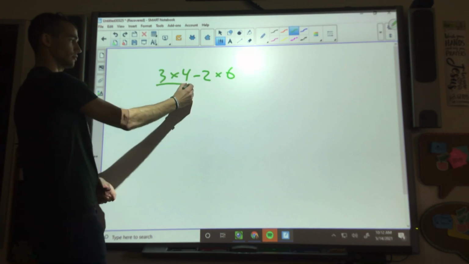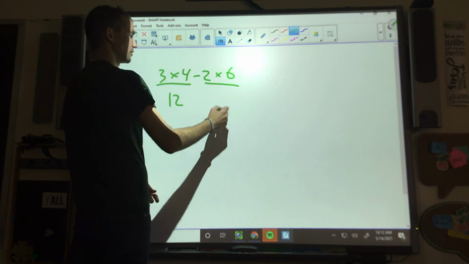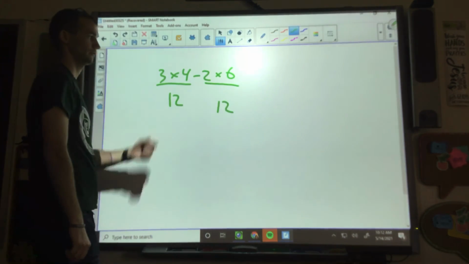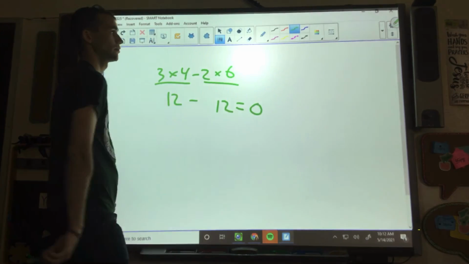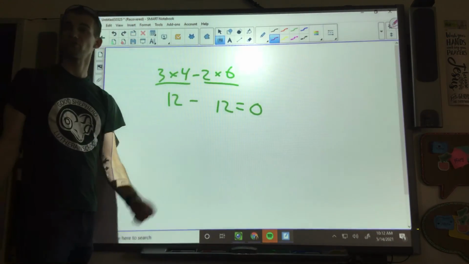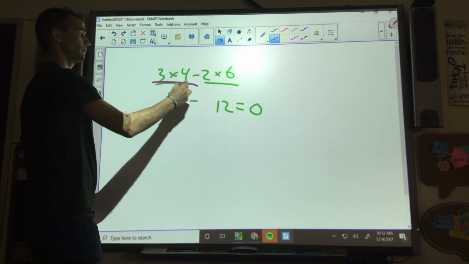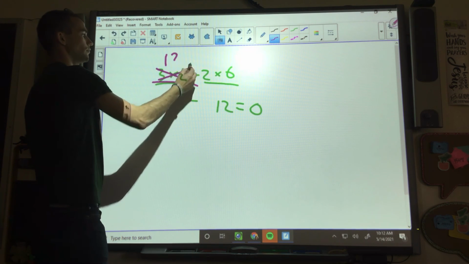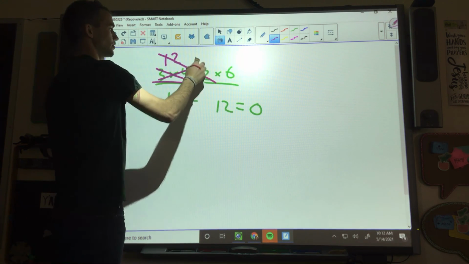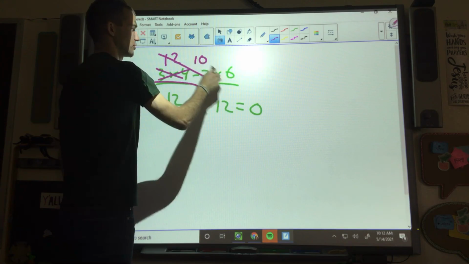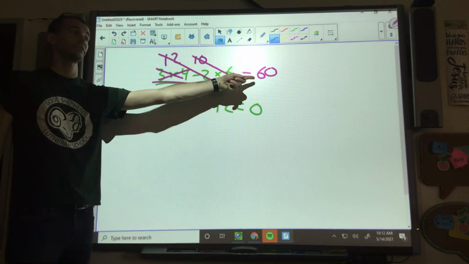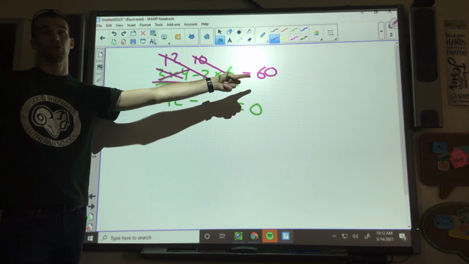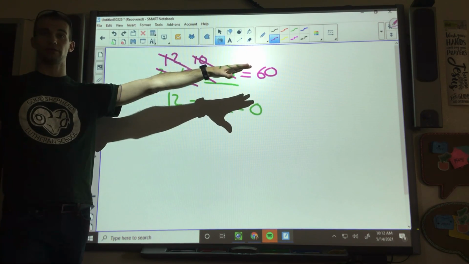So multiplication first, this becomes 12, this becomes 12. You have to do both multiplications first, then you can do the subtraction, and you get 0. If you weren't doing your order of operations and you just went left to right, you would do 3 times 4, which is 12. You would do 12 minus 2, which is 10. And you do 10 times 6, which is 60. This is the real answer. This is what you would get if you were doing your order of operations wrong and just going straight left to right.